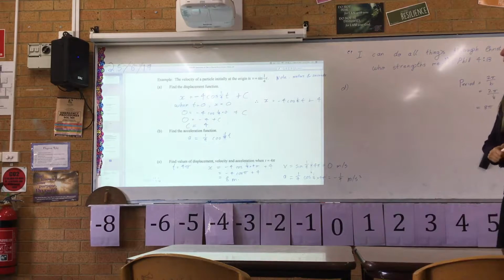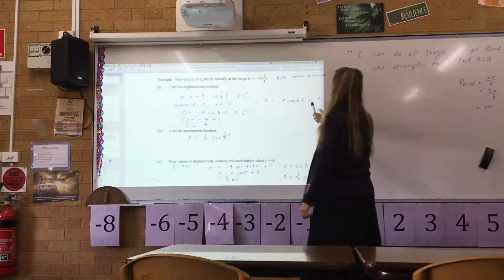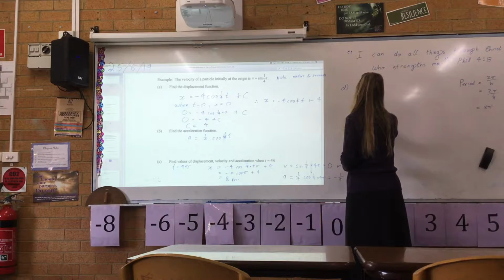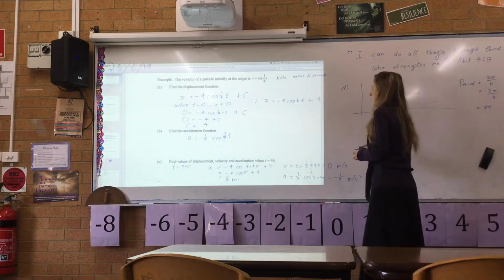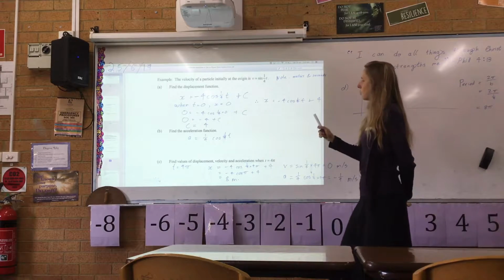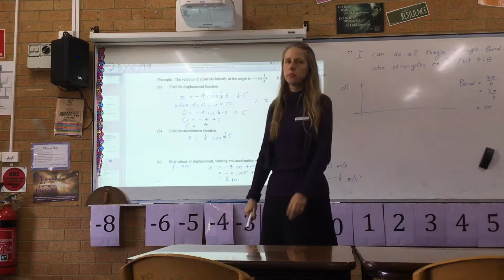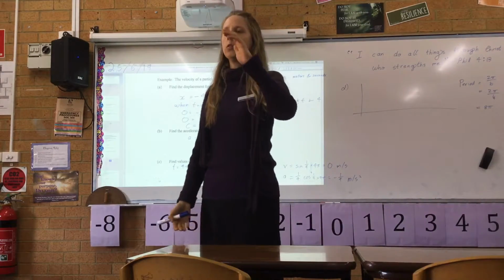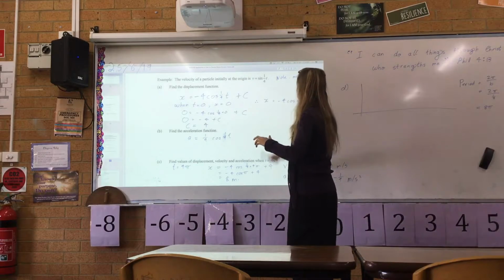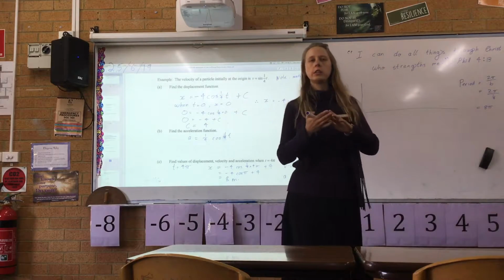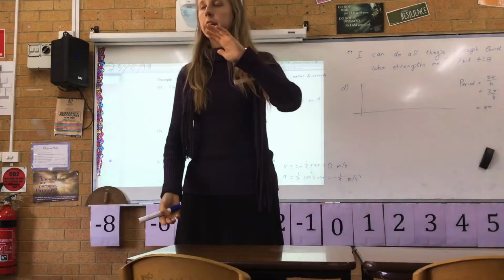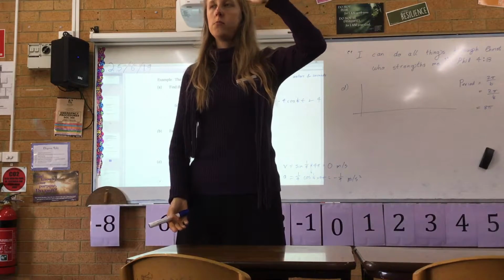So we want the displacement, so we're going to do this one. The next thing, what's the amplitude? It's 4. So you'd think it would go between -4 and +4, right?